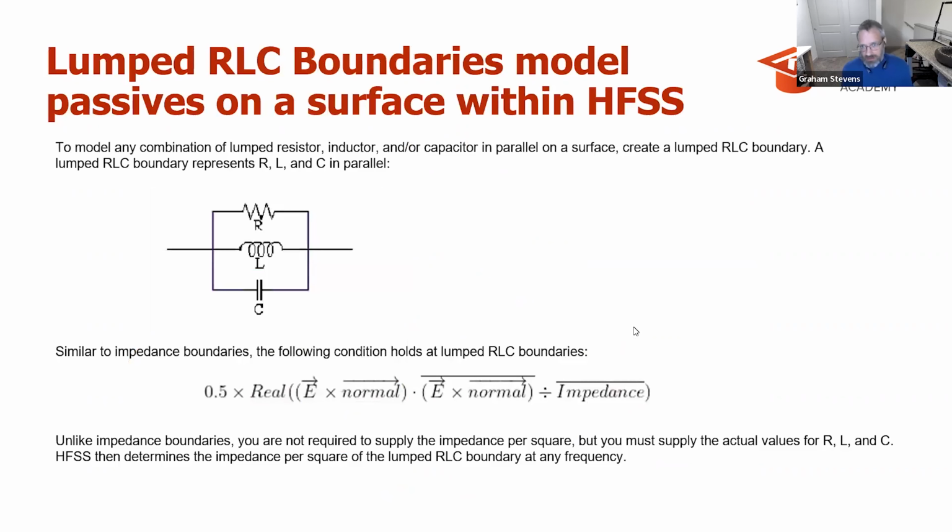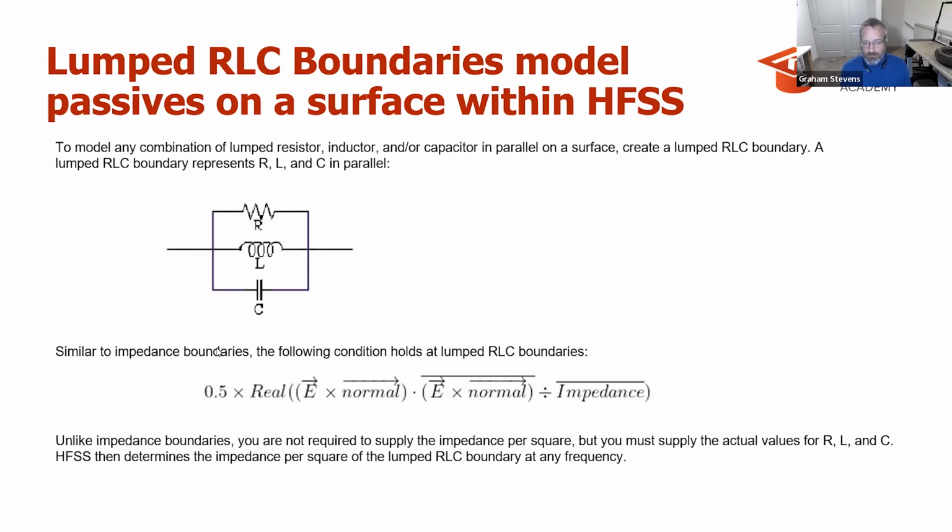And a lumped RLC boundary is an area, so we select a certain sheet area, and in that area we essentially create a lumped resistor, inductor, or capacitor in parallel on a surface and create that lumped RLC boundary. And this circuit here is showing an RLC in parallel.